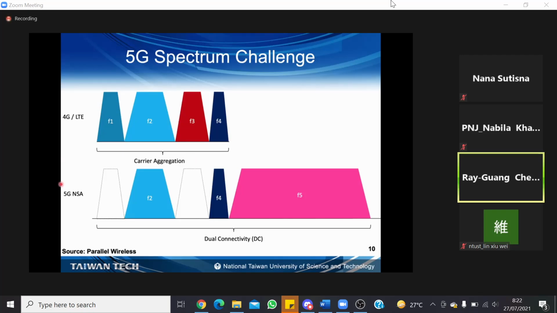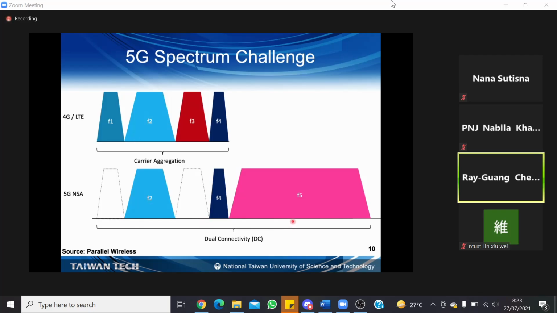In 5G, we have mentioned non-standalone, which means you can use 4G bandwidth and 5G bandwidth together. In 5G NSA, they also provide a concept they call dual connectivity. In dual connectivity, you can also use the concept of CA, use multiple bandwidths.